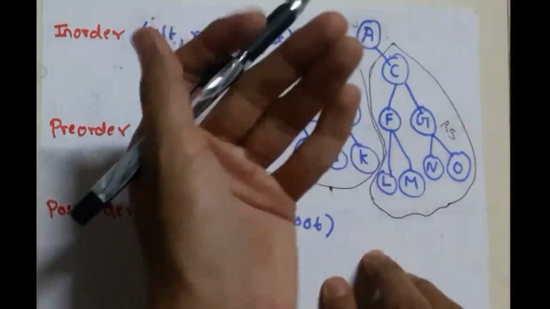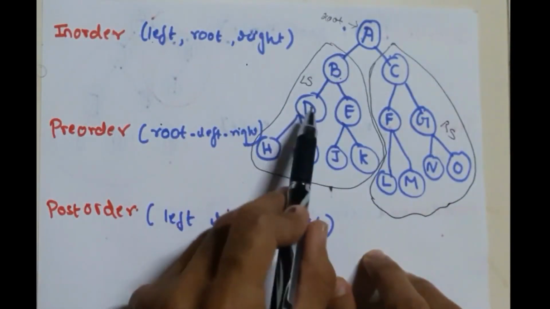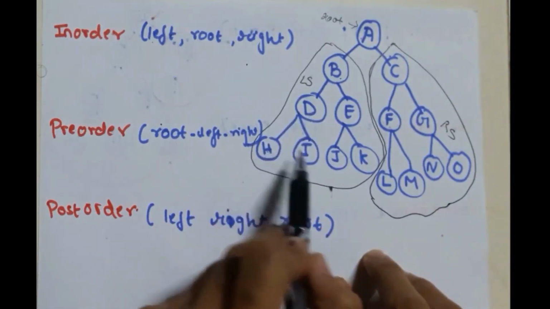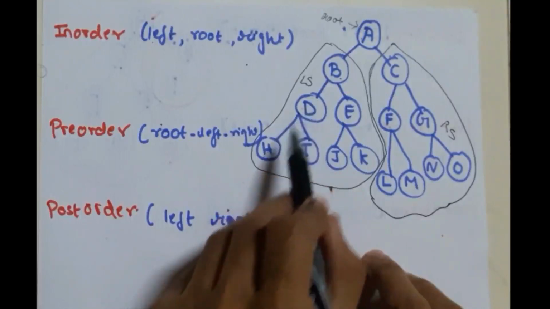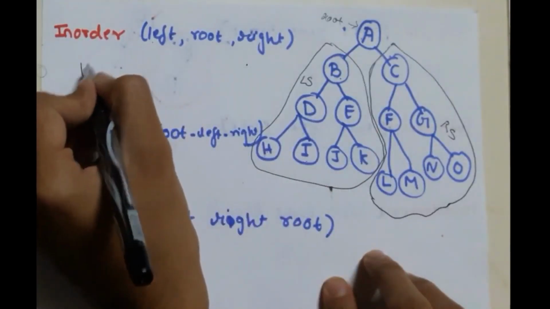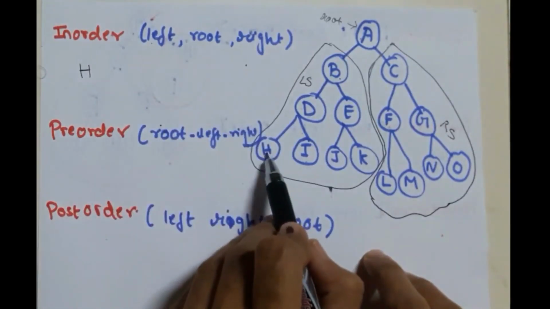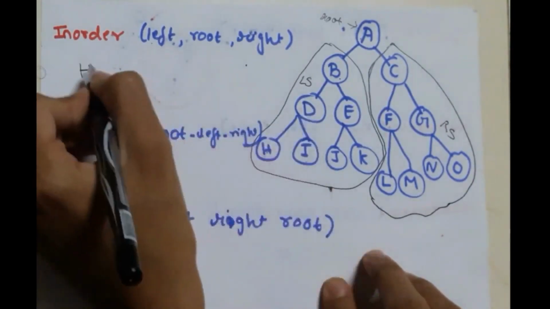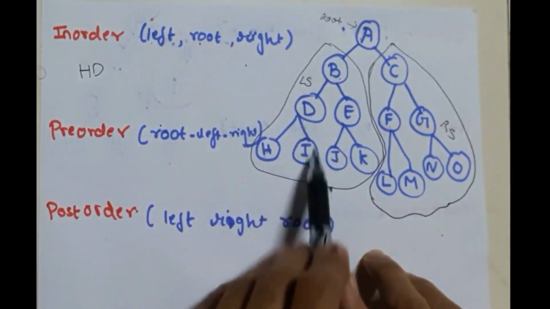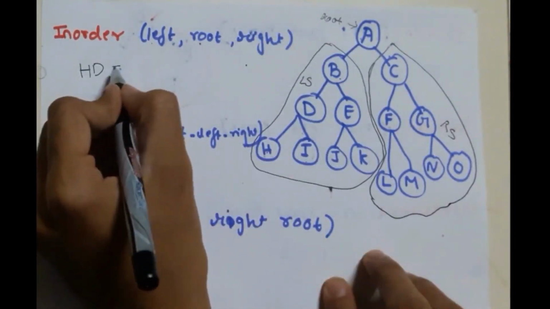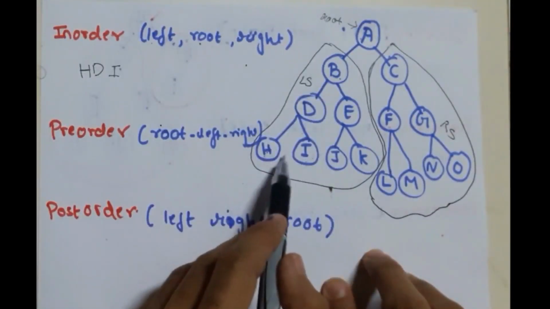So again we'll go in the left of B. So to the left of B is D. Again D is the root for H and I. So again we'll go to the left of D. And then to the left of D is H. So we'll write H. After left, root. So root of H is D. And after root, right. So we'll go into the right part of D, that is I. Okay. So we are done with the left part.